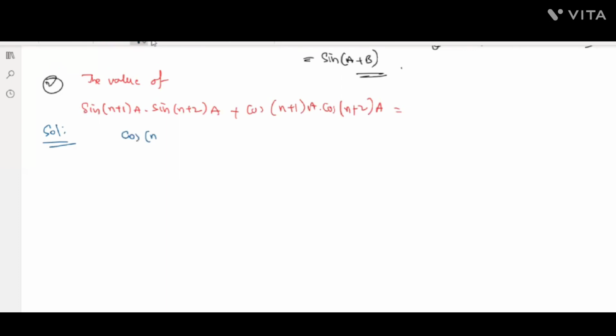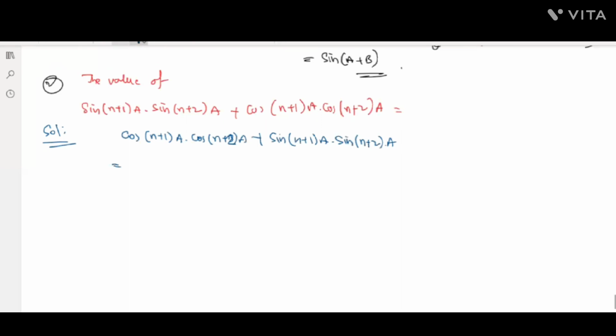Cos (n plus 1) a into cos (n plus 2) a plus sin (n plus 1) a sin (n plus 2) a.